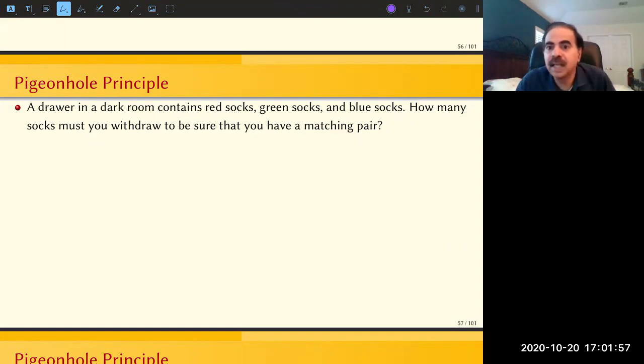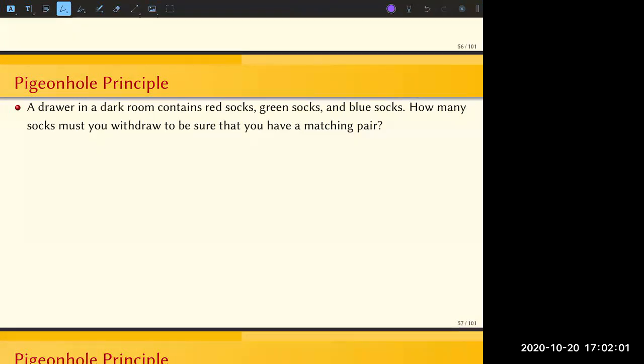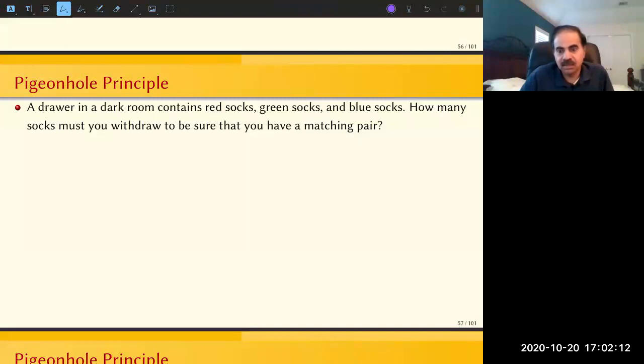Someone else, Andrew. Is it 4 times? Because assuming you pull 3 and each of the 3 socks are different colors, then the fourth one has to be one of the 3 colors. Right? So that is the pigeonhole principle, because there are only 3 holes: red, green, and blue.